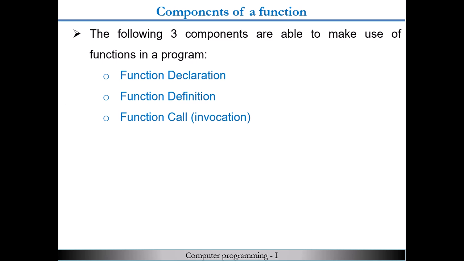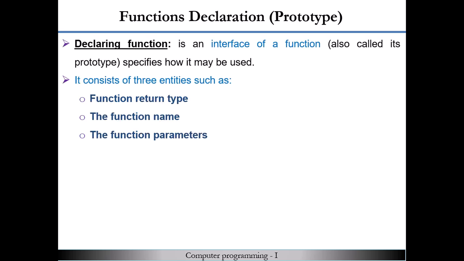The following three components are needed to make use of functions in a program. The first one is function declaration, then function definition, and function call or invocation. Let us see each one by one. Function declaration, or declaring a function, is an interface of a function, also known as prototype, specifying how it may be used.